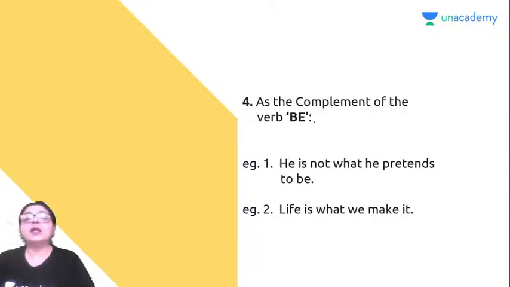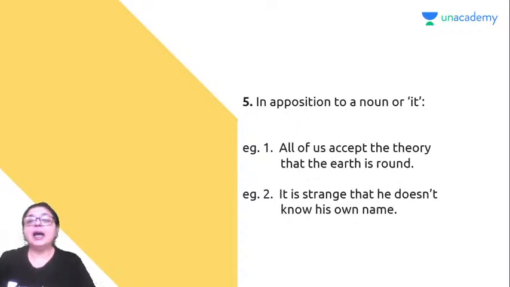Now, as the complement of the verb "be". Let us understand how we do it. He is not what he pretends to be. So it is used as a complement to "be". Life is what we make it. Now, in apposition to a noun or "it".